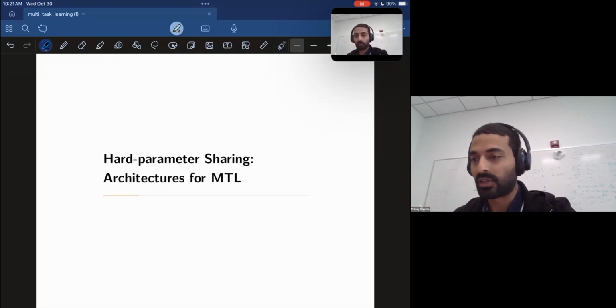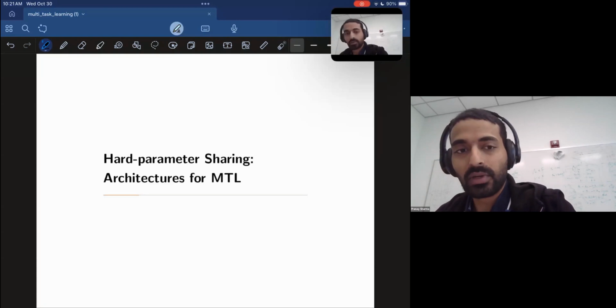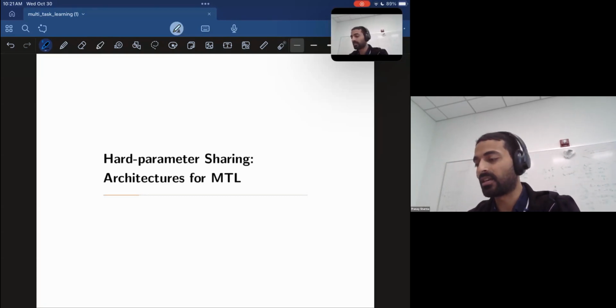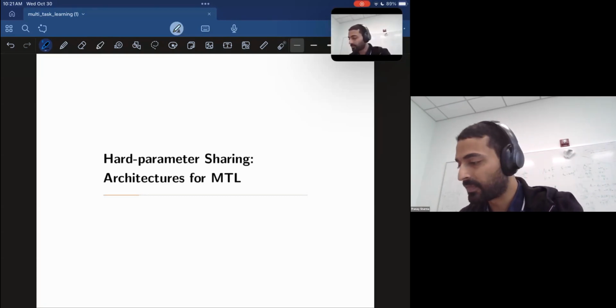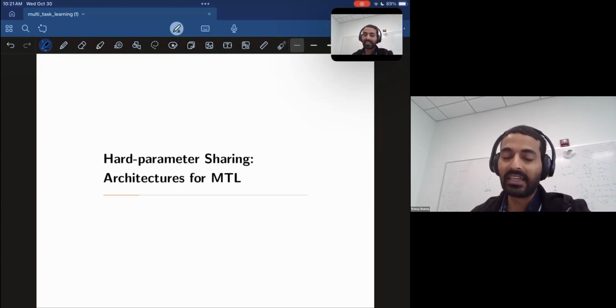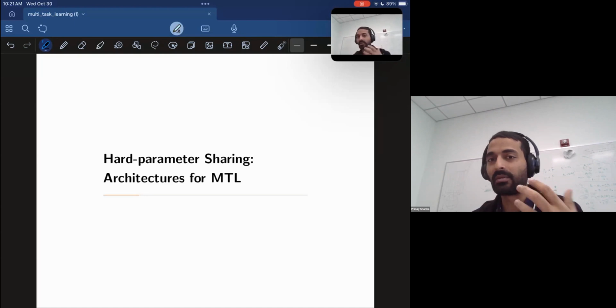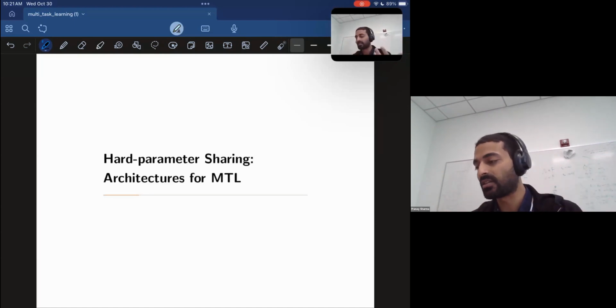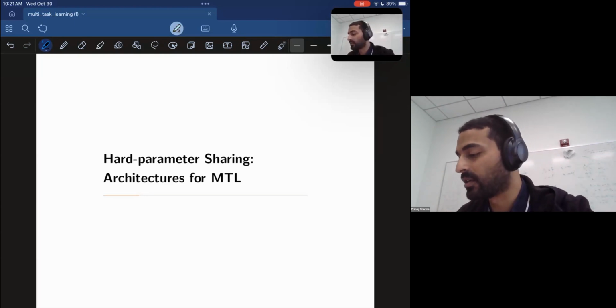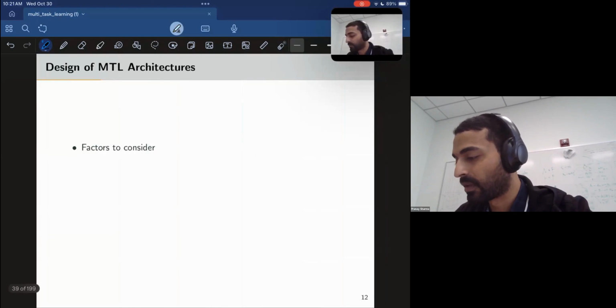Okay, thanks. So let's discuss something called hard parameter sharing. The architectures for multitask learning are a broader category than hard parameter sharing. Hard parameter sharing was an initial suggestion, and then people generalized it in a lot of ways.